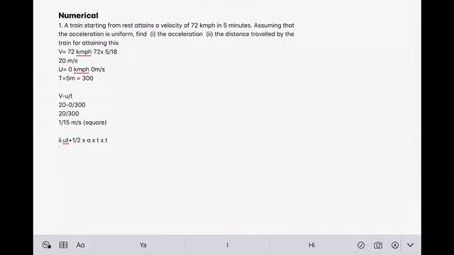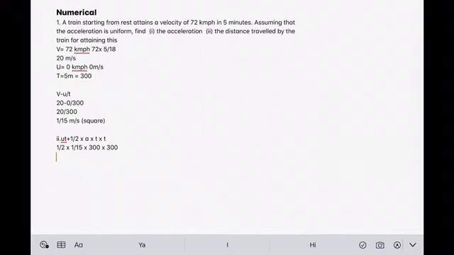We can basically cut out ut. Then we'll have half into a. A is acceleration, so half into 1 by 15 into time, 300 into 300. After solving this all, we will get 3000 meters, which means we have found the displacement and we have found the acceleration. That means the question is finished.